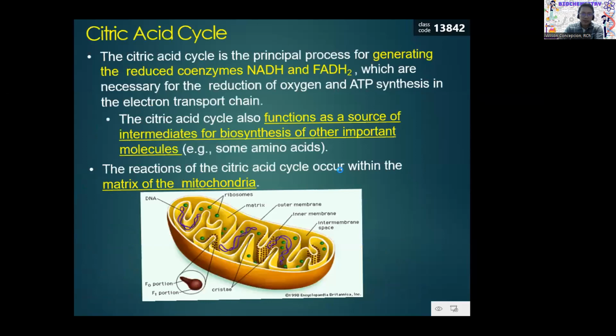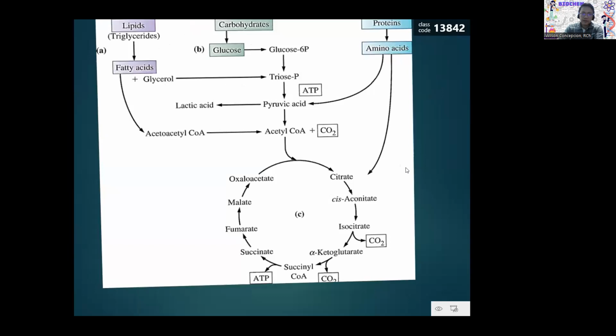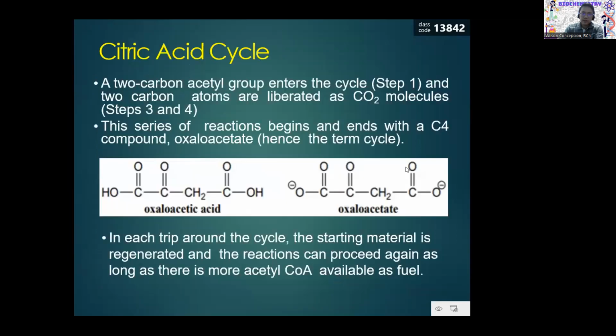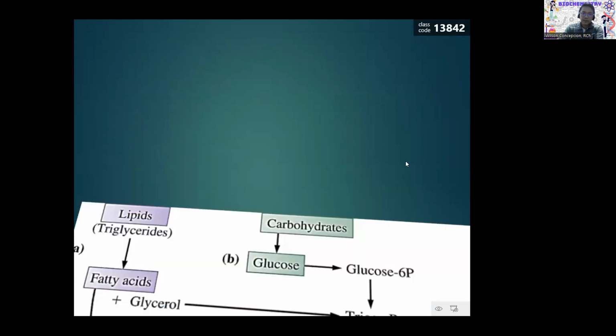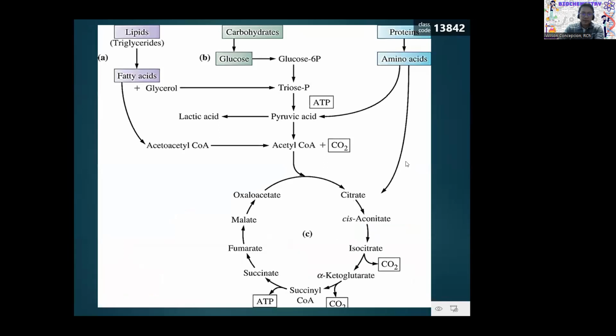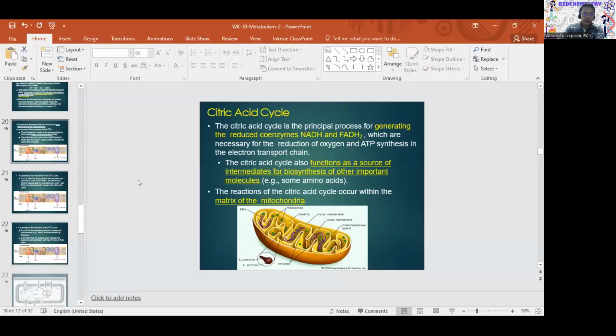Saan na siya? Ay, kamote, nawala. Wait lang, na-delete ko ang slide. Ayan.